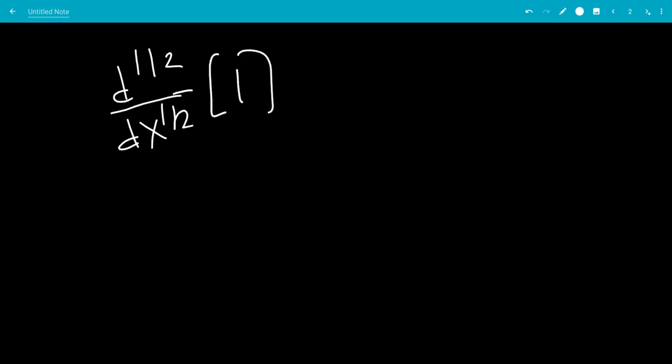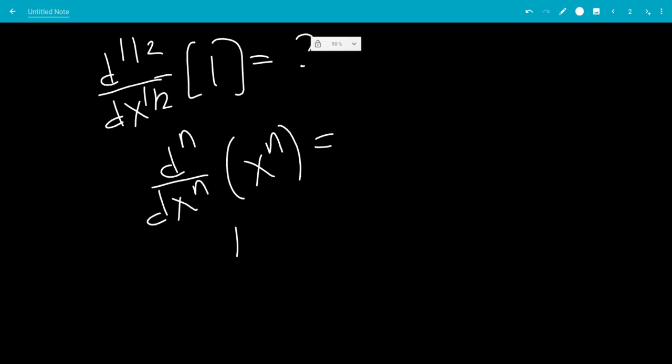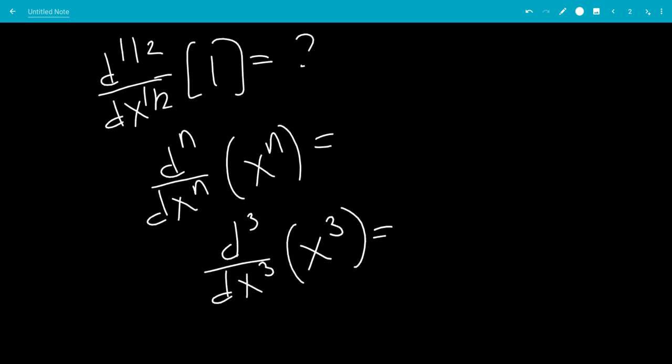So now let's do the half derivative of 1. I know I made a video on this, but I'll just do it again. So the nth derivative of x to the n. So let's say the third derivative of x cubed, that will be the second derivative of the function.